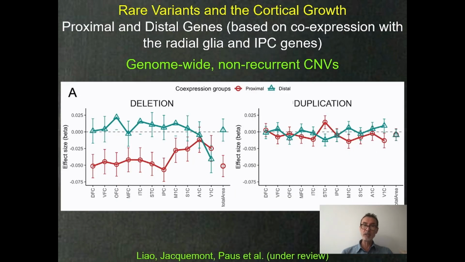And it's very clear that if the genes are very close to the progenitor cells, the effect is very large, again, mostly for the multimodal regions, not so for the unimodal regions.